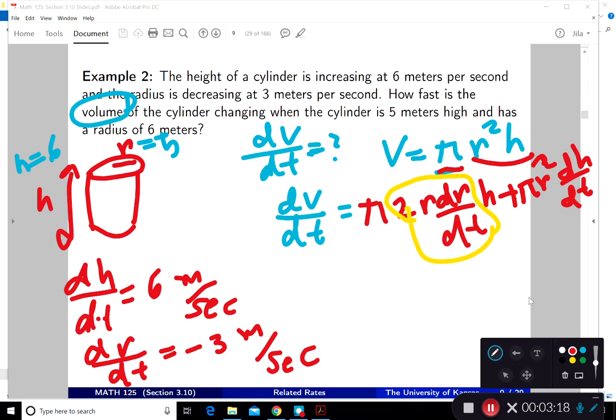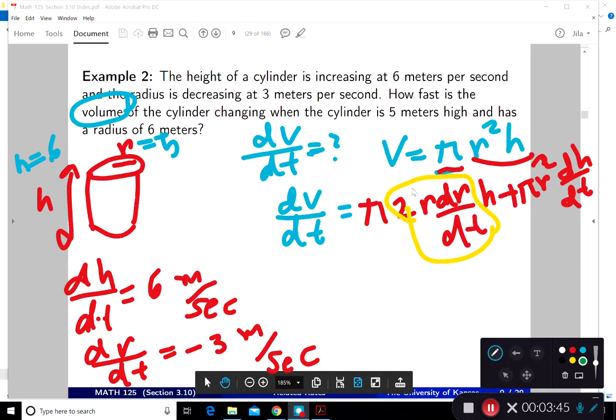A little easier because h was not a composition or a non-trivial composition function. It was just h. And so now that I set all these up, what is remaining is that to calculate dV/dt, I have to plug in the values.